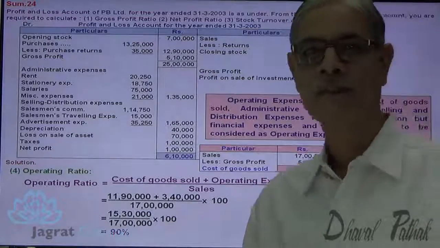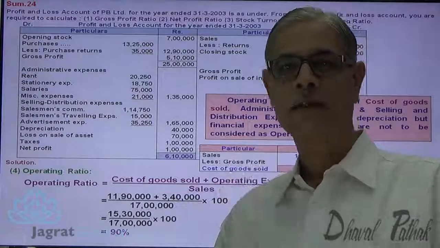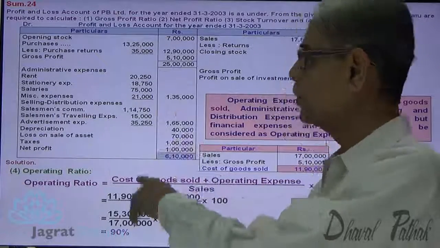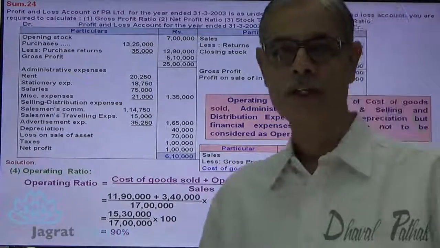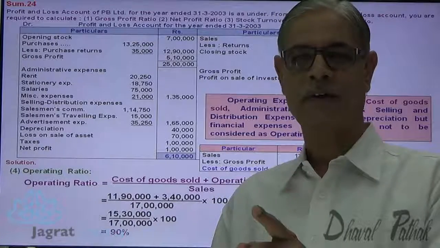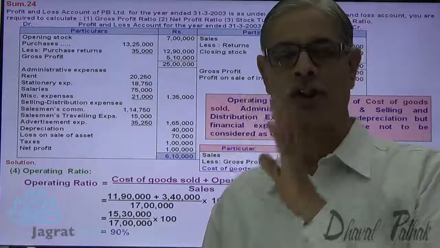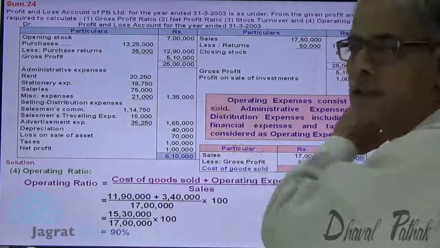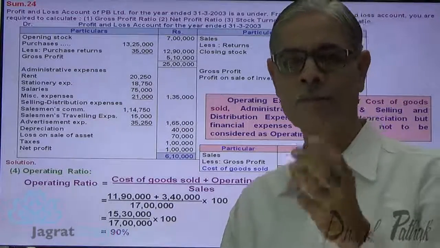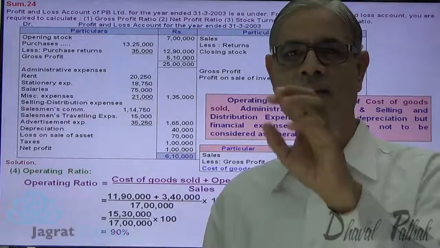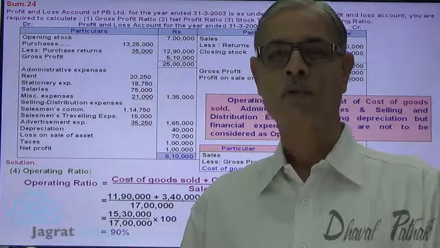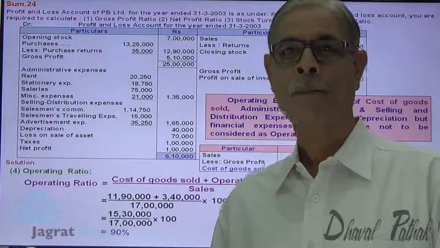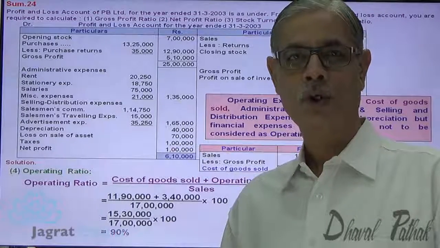This is how we have worked out all the ratios: gross profit ratio, net profit ratio, stock turnover ratio, and operating ratio. And I have also demonstrated the important working notes and the theory explanation too for your better understanding. I think you have followed all these things.